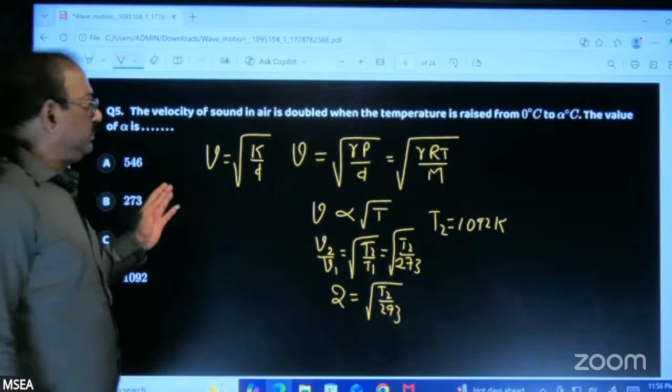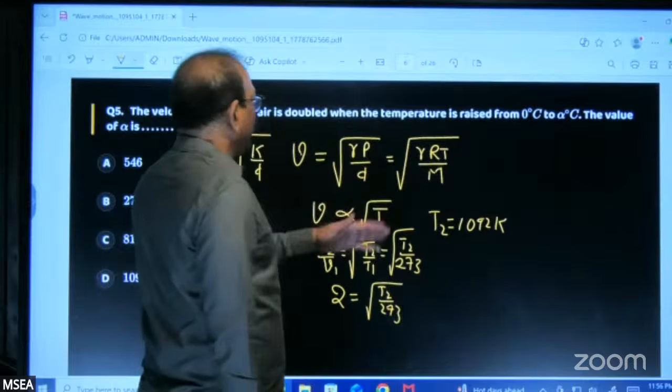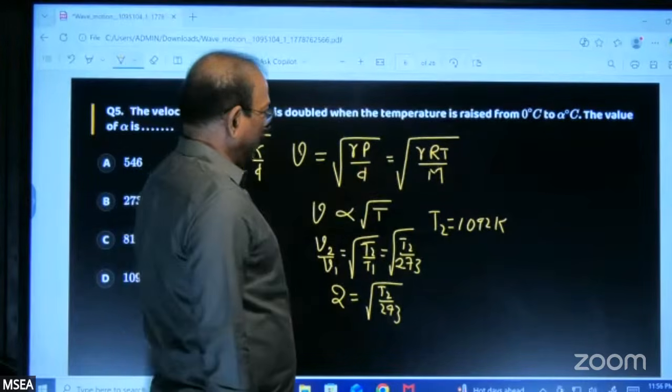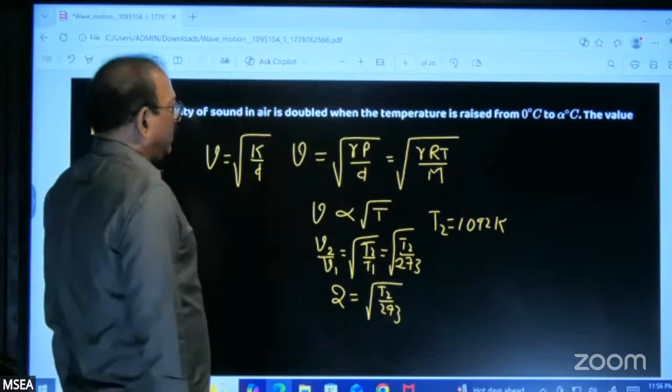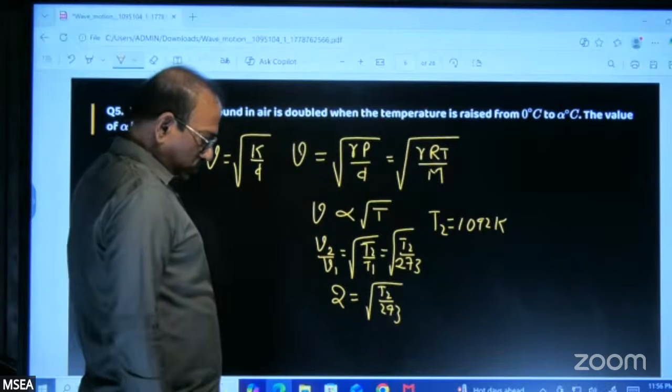And in this velocity of sound in gases, based on this relation, there is another question also.